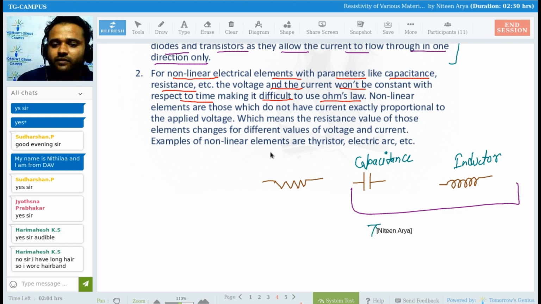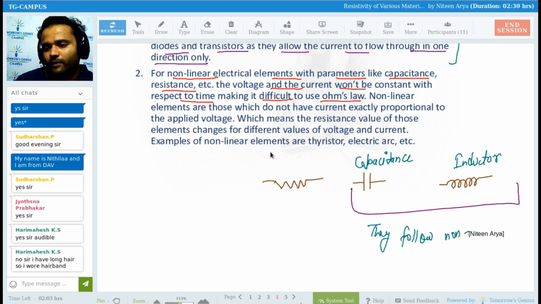They follow a non-linear graph, or instead of like this, they do not obey Ohm's law.